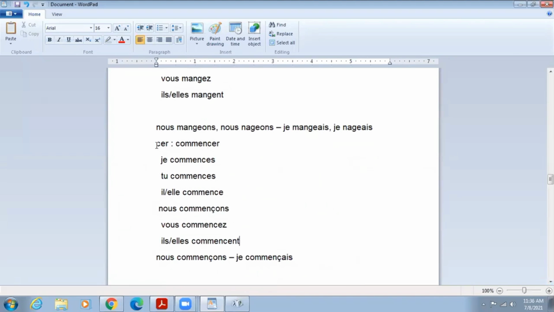So whenever you are working with CER verbs and you are conjugating them in present form, you will add the cédille symbol with the nous conjugation. And when this is changed to imperfect, obviously you have to drop out ONS and keep it till the C with cédille, and after that we have to add the imperfect ending.